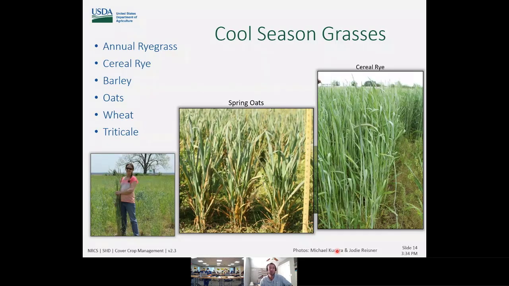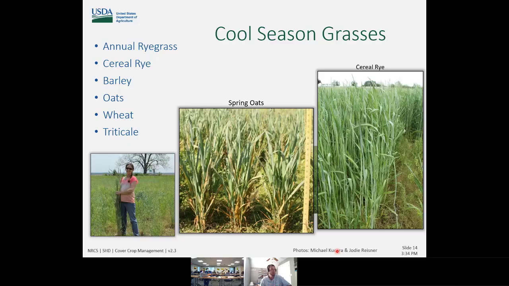So let's take a look at one of our first functional groups, and that is cool season grasses: annual ryegrass, cereal rye, barley, oats, wheat, triticale. I see producers using a lot of these. I would think the further you go south, usually one of these is a non-starter for a lot of producers, and that is annual ryegrass for us, unless it was in a grazing system or it was coming out of a bag with a specific label on it where it is highly known what that annual ryegrass is.